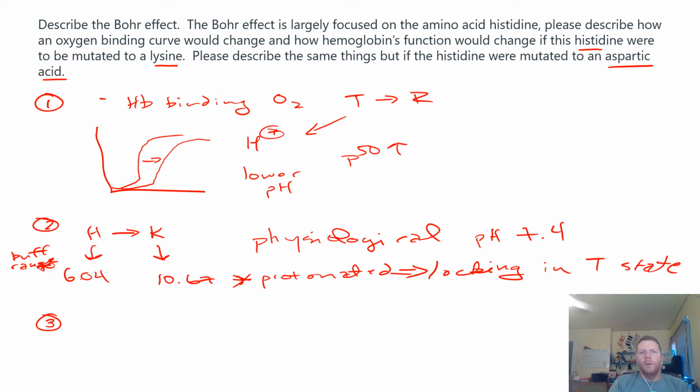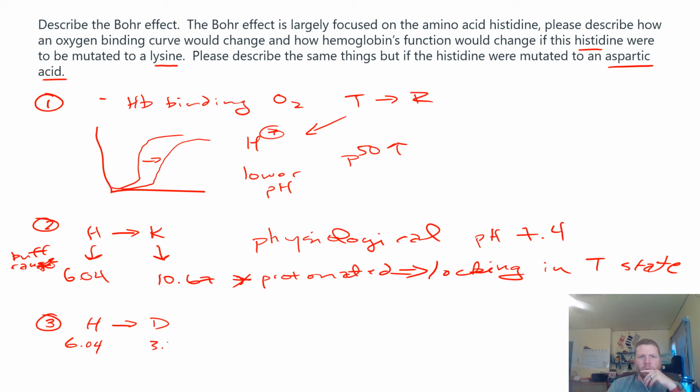Okay. Now, part 3 of this question is, please describe the same things, but if the histidine were mutated to an aspartic acid. Okay. Now, aspartic acid, H going to D, 6.04 to, I gave you guys this structure though. Aspartic acid is 3.71.